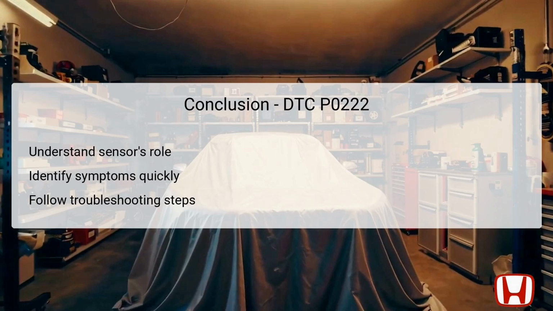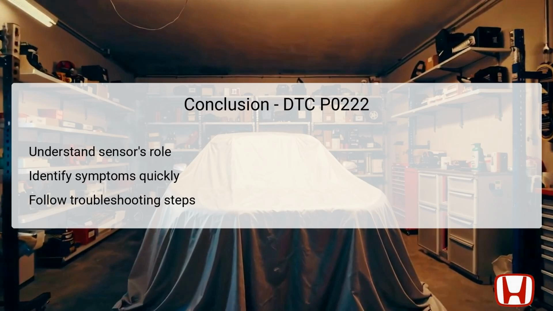In conclusion, understanding the role of the throttle position sensor B within the Honda Accord is paramount in diagnosing the DTC P0222 error code. Identifying the symptoms early can save time and resources, allowing for more effective repairs. By following the structured troubleshooting steps outlined, mechanics can systematically narrow down the potential causes of the DTC and perform necessary repairs efficiently.